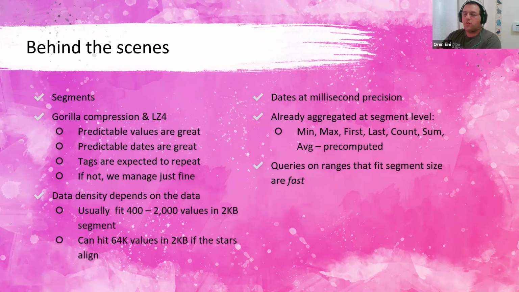It gives us a very nice compression rate for predictable values, which is probably the number one important thing to remember. If you have very predictable values, that's great. If you have very random values that change rapidly every now and then, that makes things harder for us. We have to use more bits to store the value. By the way, if you can reduce the granularity of your data, it sometimes can help a lot.